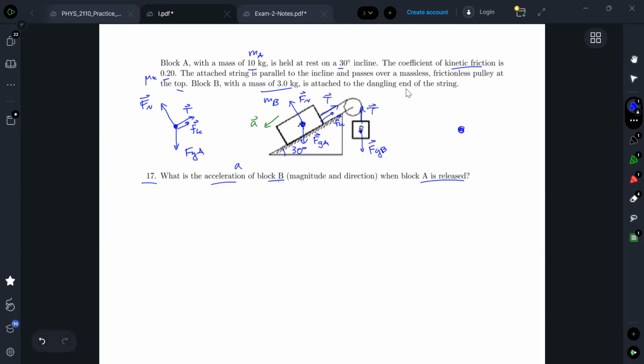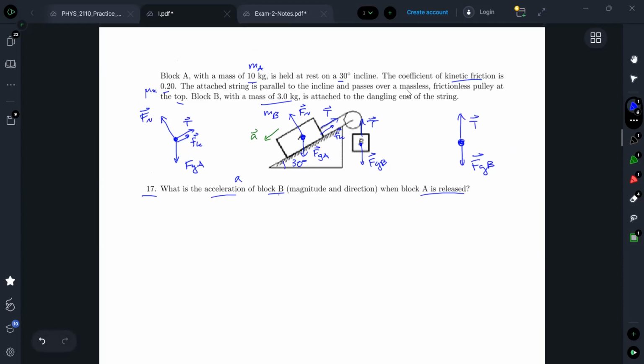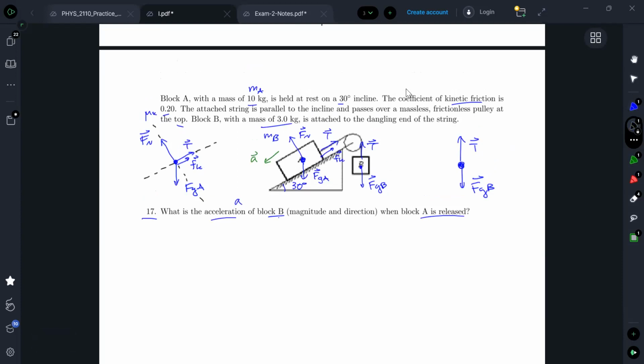And then block B, gravitational force and tension. And need to choose some axes. They don't have to be the same for both. I'm going to choose these for block A because 3 of my 4 forces lie along them. Choose this for B.